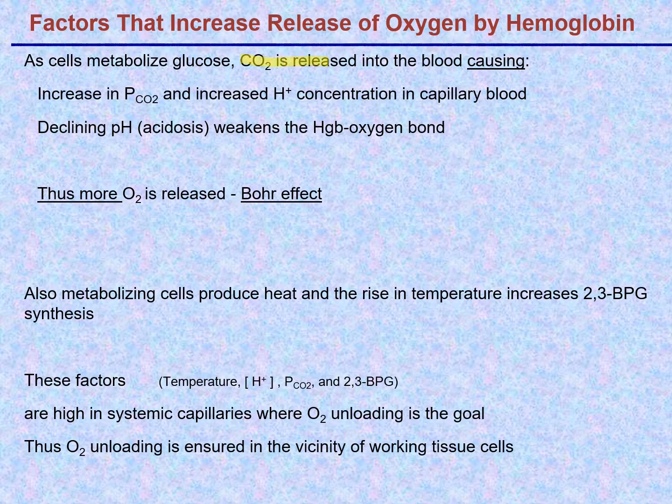CO2 is released in the cells and diffuses into the interstitial fluid, then into the capillaries and into the blood. So CO2 gets released, and that causes an increase in the PCO2 in the blood and also an increased concentration of hydrogen ions.